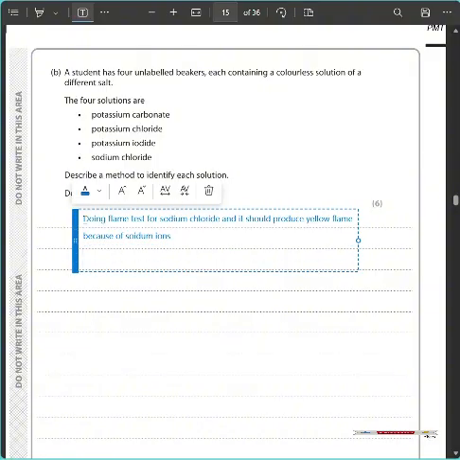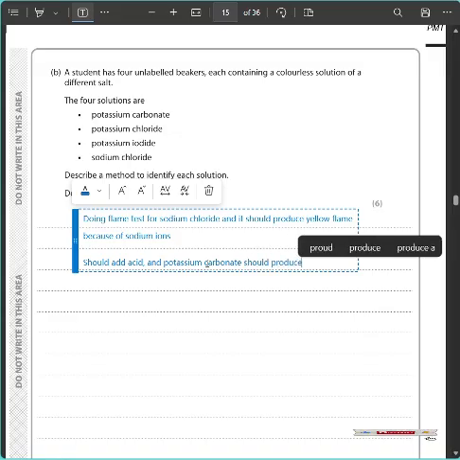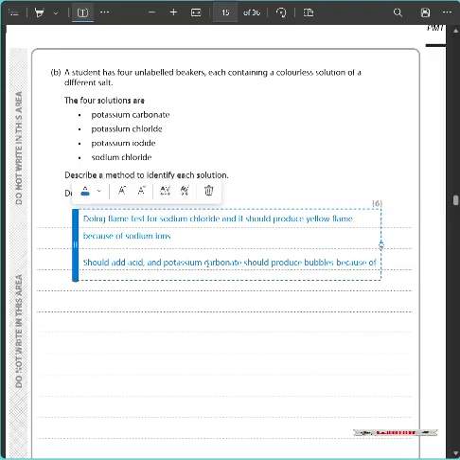And the next one, for finding potassium carbonate, we should add acid, and it should produce bubbles because of carbon dioxide.